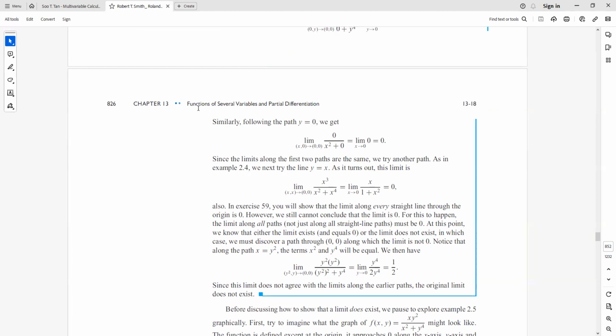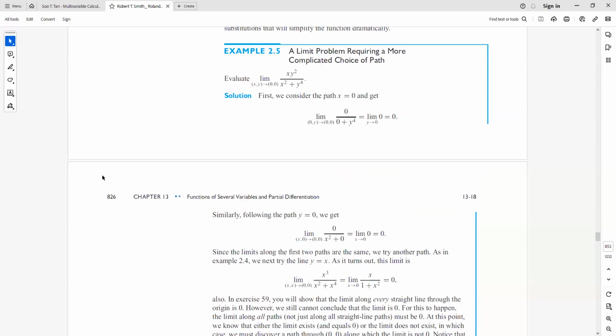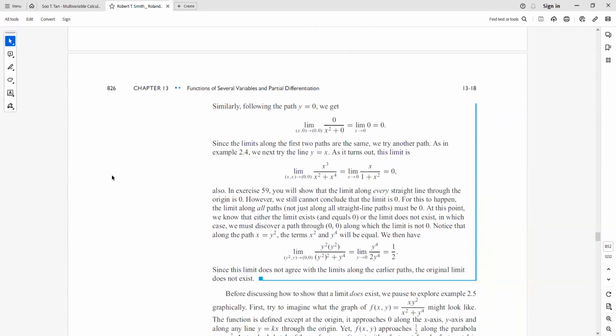So let's take one more path, that is x equals y squared, right? We can approach from the path x equals y squared as well, because the limit is (0, 0), and if we plug in x equals 0, we get y equals 0 as well. So this path is also favorable, right?